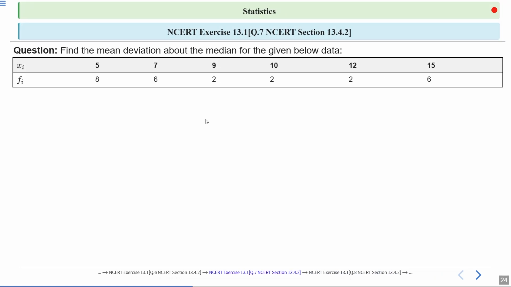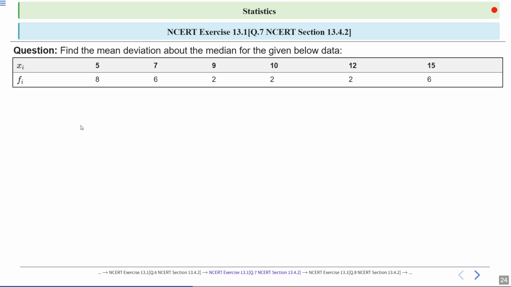Now we will look at question number 7. Let's examine our question about finding the mean deviation about the median for the data given below. The table shows two rows. In the first row are the values of xi, and they are 5, 7, 9, 10, 12 and 15.